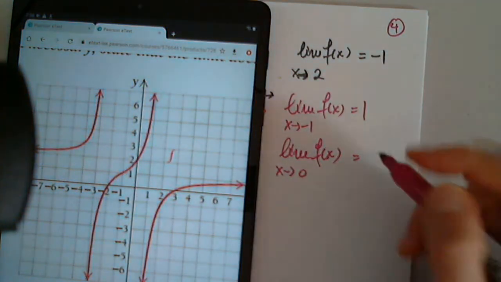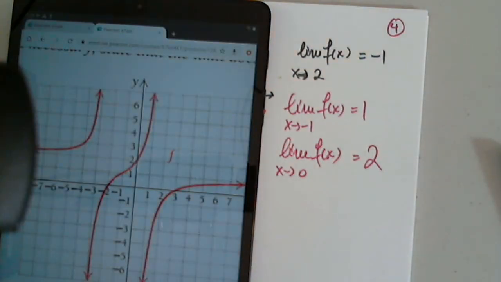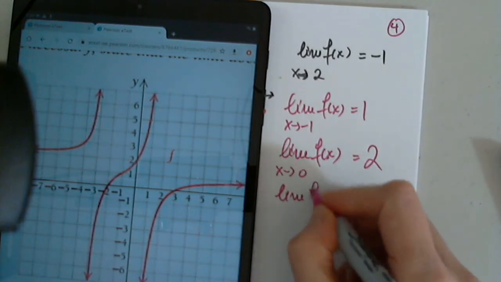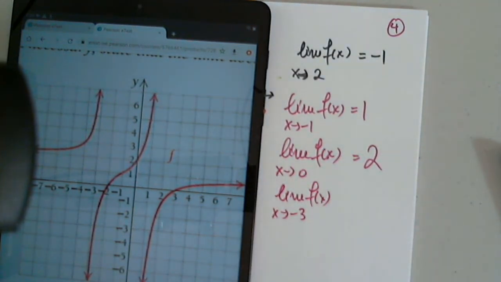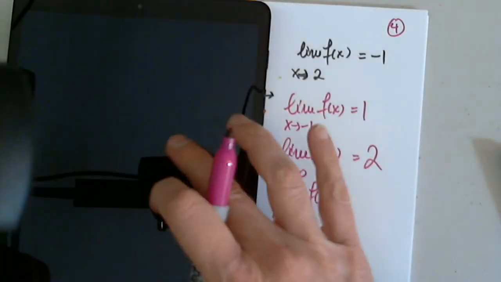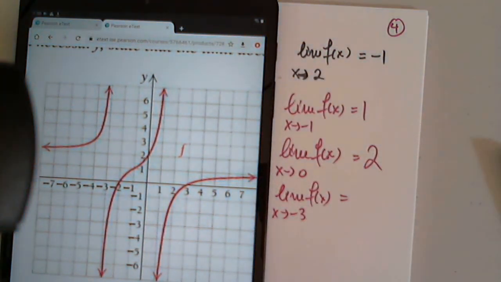Do you agree with 2, everyone? Yeah. Okay. Next one, limit of f of x as x approaches -3, and I think it's from either side.